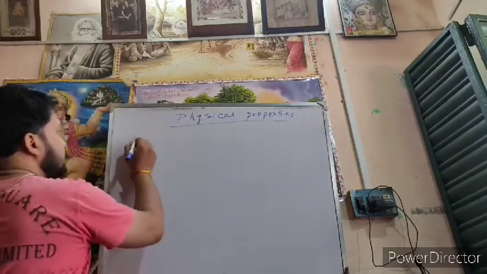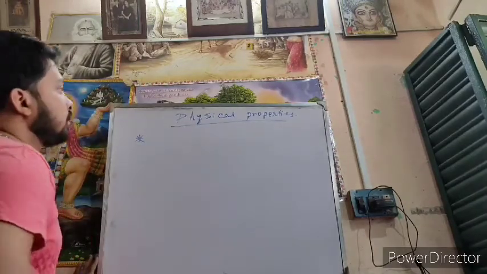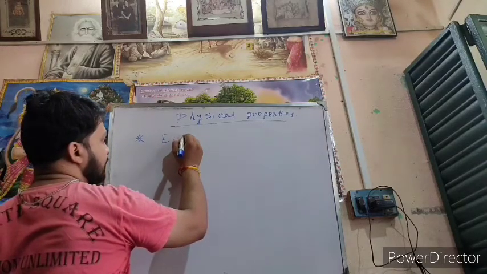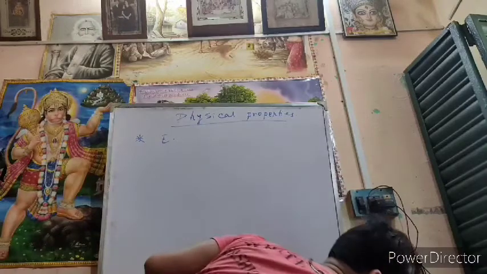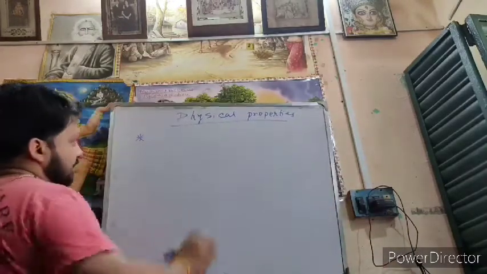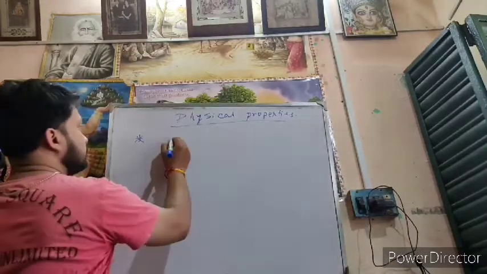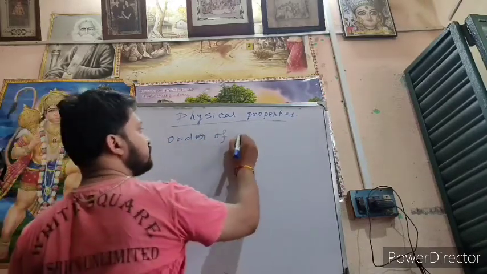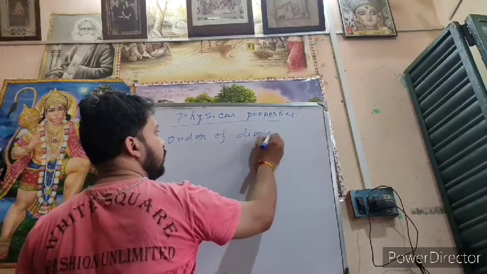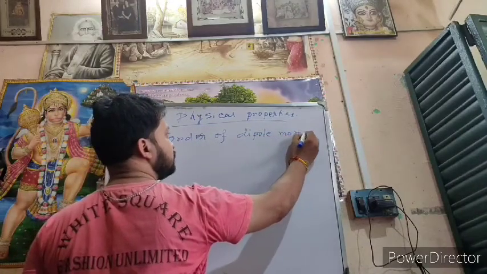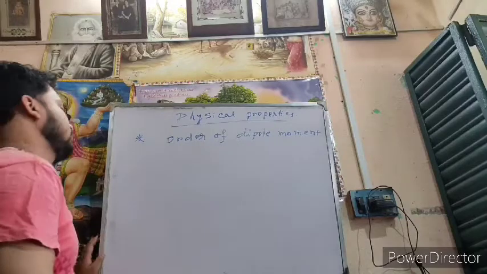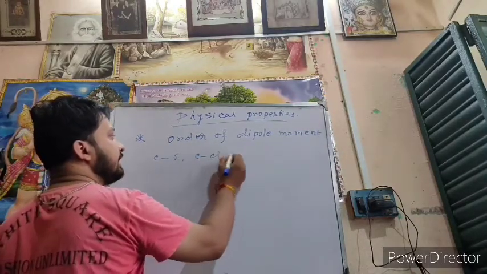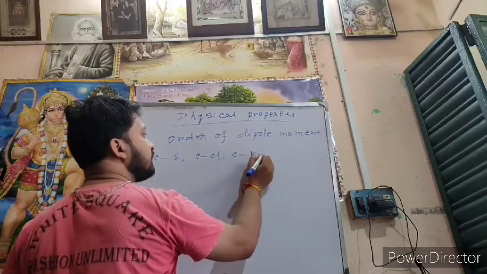So physical properties, the last part, dipole moment. The order of dipole moment. The problem is the same: C-F, C-Cl, C-Br, and C-I.